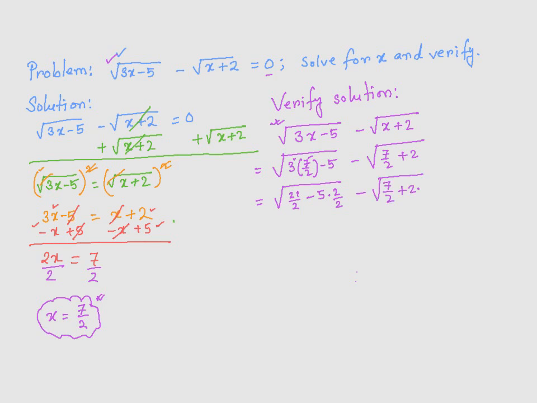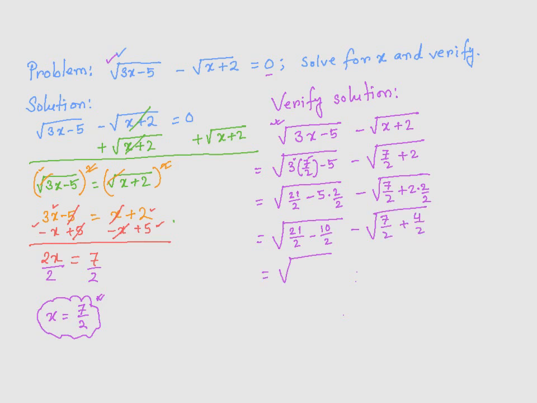Again I'm going to make the denominator the same, so I'm going to multiply 2 by 2 and divide it by 2. Now I have the following: square root of 21 over 2 minus 10 over 2, minus square root of 7 over 2 plus 4 over 2. I can combine these two.